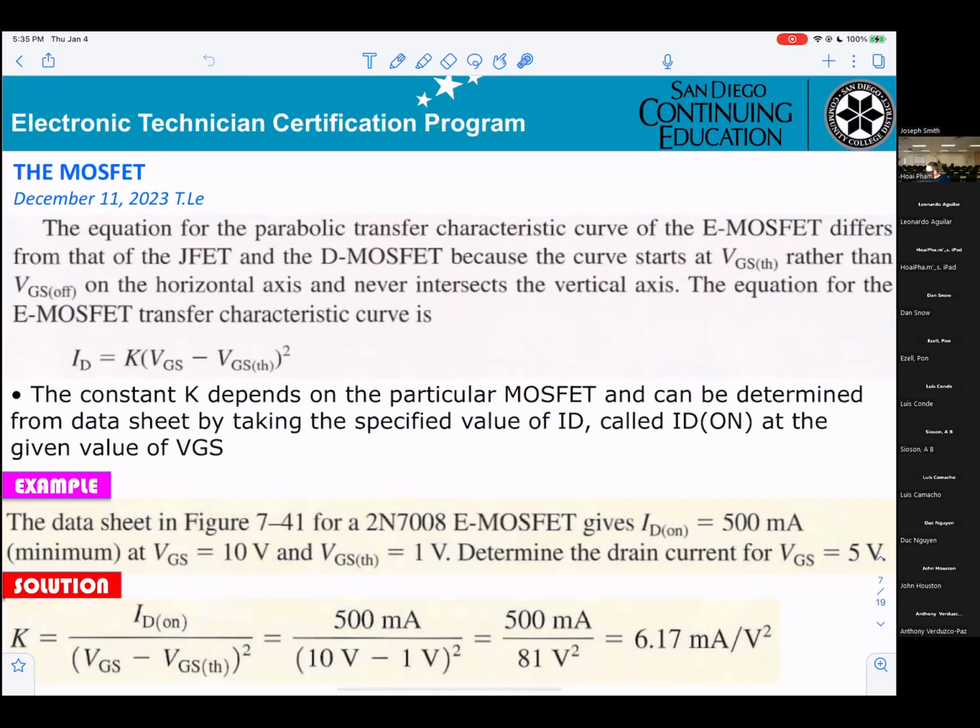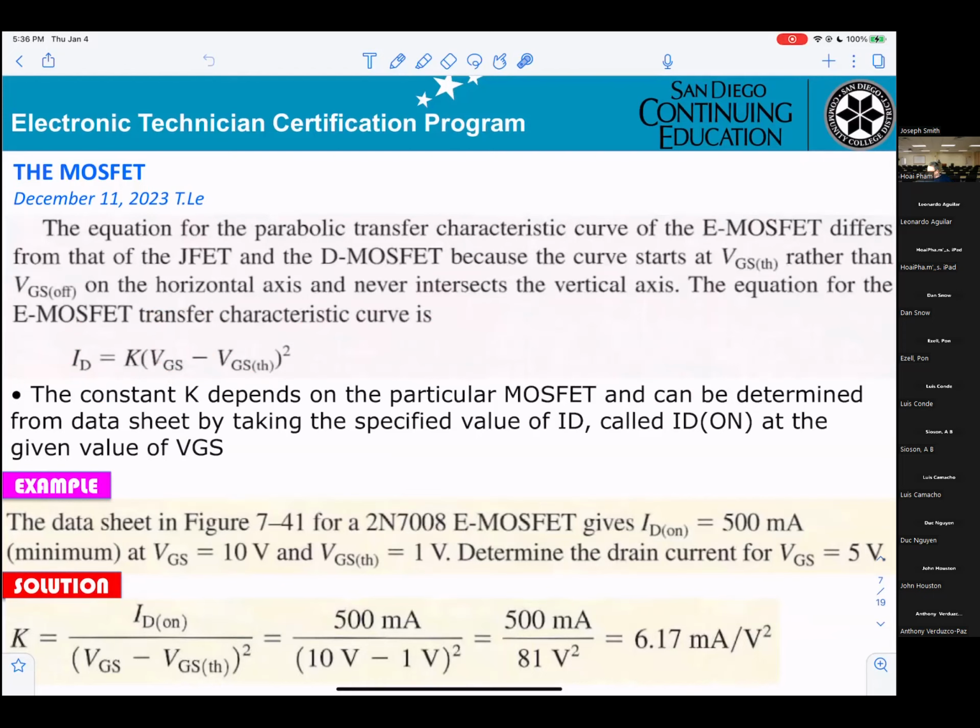If you want to calculate the ID, you cannot use the formula for the JFET and the D MOSFET. You have to use this formula: ID equals K times VGS minus VGS TH, squared. That's the difference. So if you have the formula, you're able to apply it and calculate.